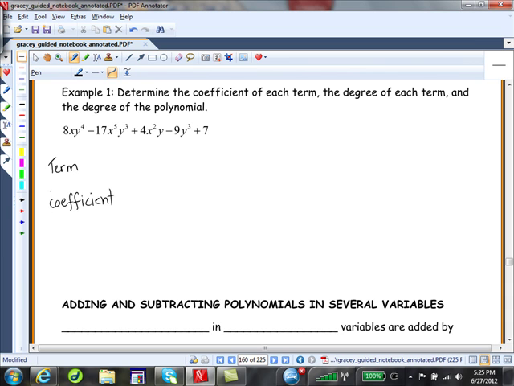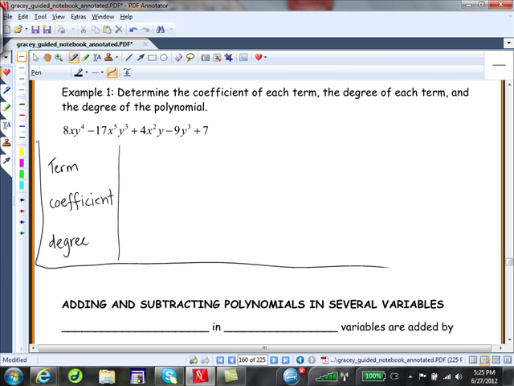And we need to know the degree. And the degree of the polynomial, what do we have to do? Good, we have to find the degree of each term, and then the greatest degree is the degree of the polynomial. All right. And there's 1, 2, 3, 4, 5 terms.